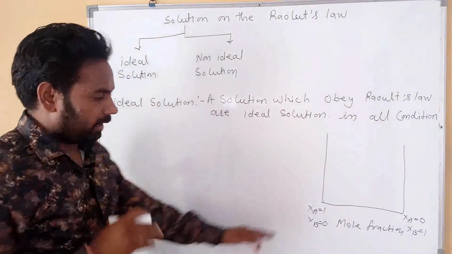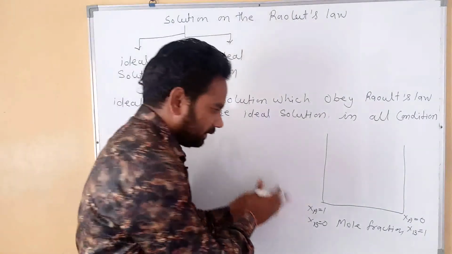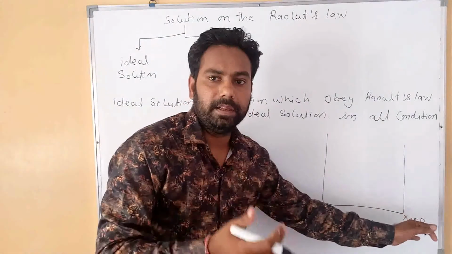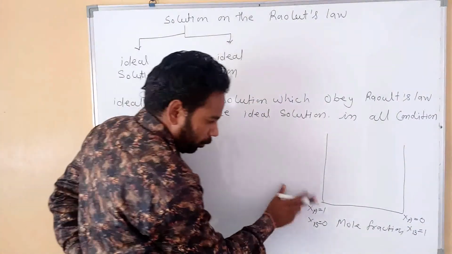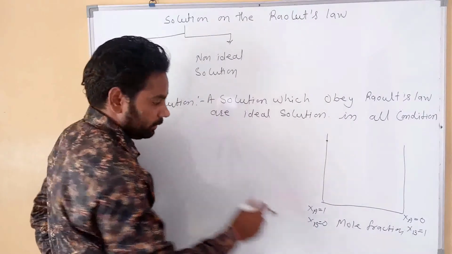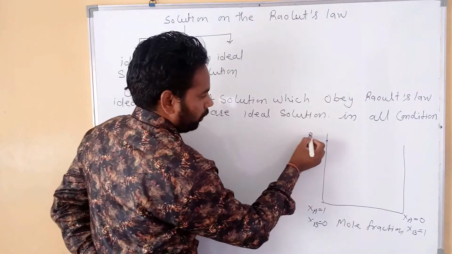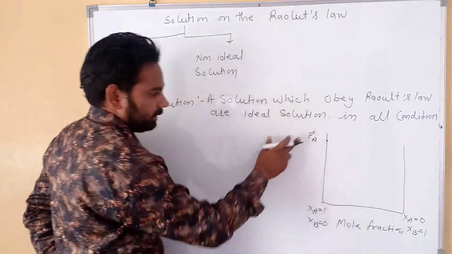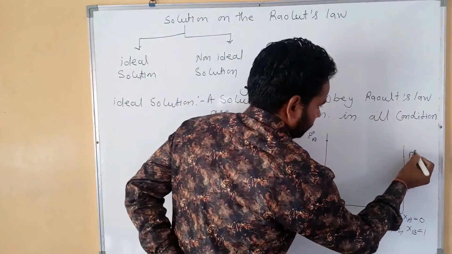It means component A is maximum on this side and component B is maximum on this side. At this point the pure vapor pressure of xa, then the pure vapor pressure of xb.